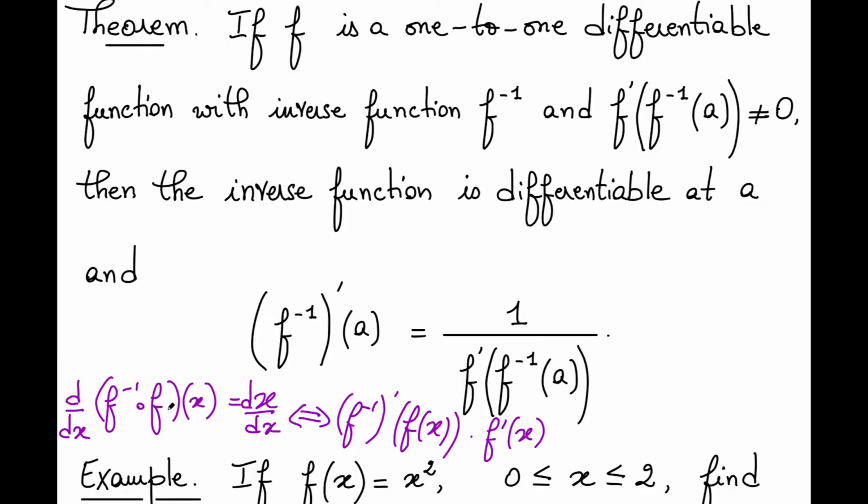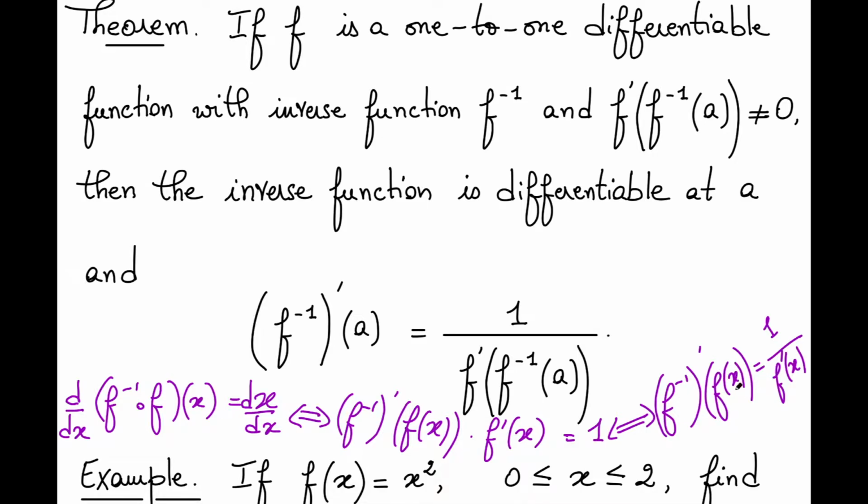Chain rule is equal to 1. Do you agree with me? Because the derivative of x with respect to x is 1. And now if you know that this number is not 0, you can divide by it. And as such, you get the derivative of the inverse function at the point f of x is equal to 1 over f prime of x. Correct?